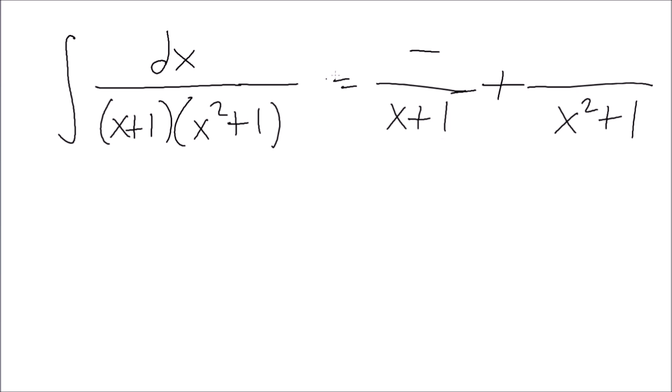Here, this is not a linear function. It has a higher degree. So because of that, we have to do ax plus b. All right, so go ahead and start with the Heaviside method with this linear function here.